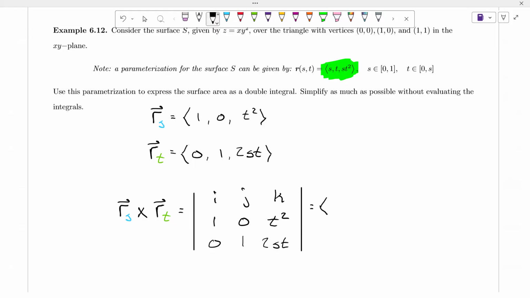And turn that thing into a cross product. What do we get? All right, first, 0 times 2 st is 0 minus 1 times t squared, so negative t squared. Then t squared times 0 minus 1 times 2 st. And finally, 1 times 1 minus 0 times 0 is 1 minus 0. That looks like my cross product right there. Isn't that so fun?